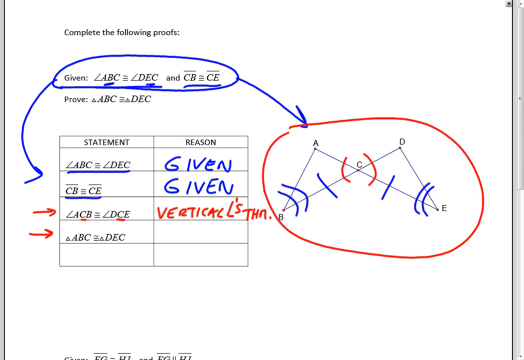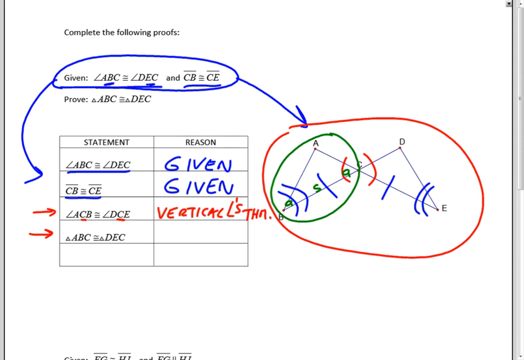What's the little symbol in front of ABC and DEC in the last line? Triangles. If you are proving that triangles are congruent, you've only got the 5 choices that are on the side board. You know it's got to be one of those 5. Look at your drawing. Focus on one triangle. What components do you have? Angle, side, angle.